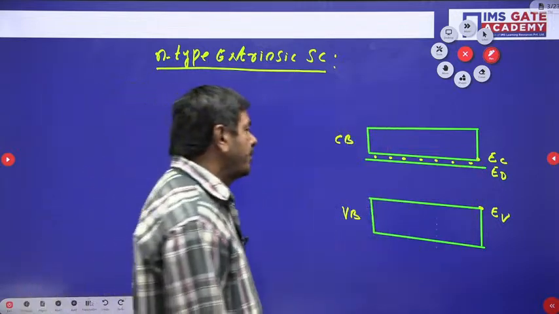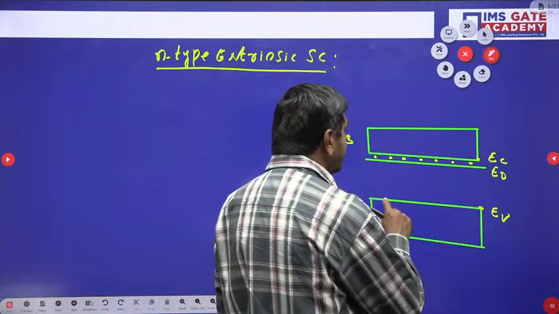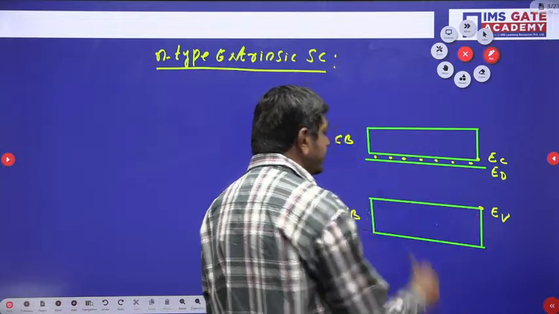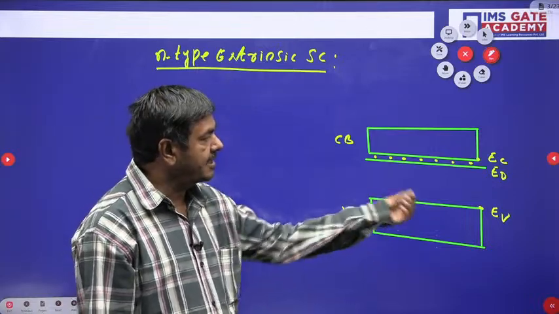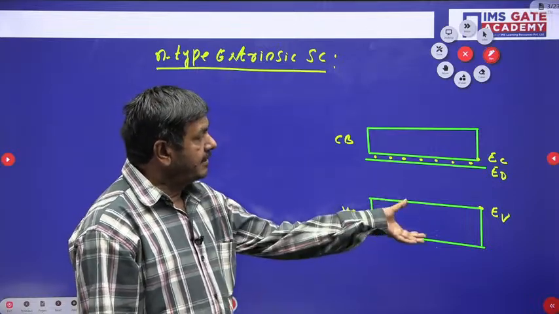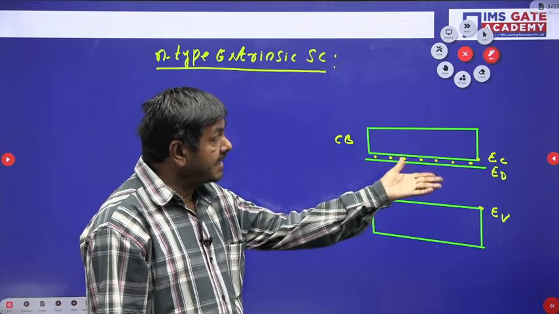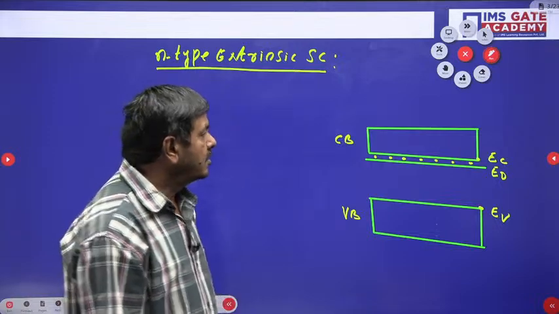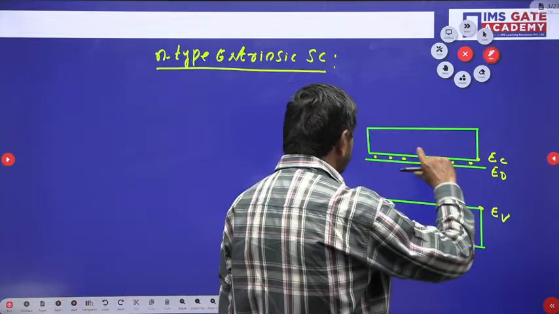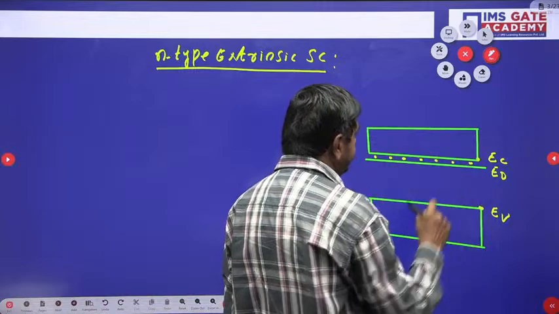Now try to catch my point. Initially all the electrons are existing in the valence band here. But suddenly excess electrons are occupying this level. So the valence band is here, but the conduction band is empty.